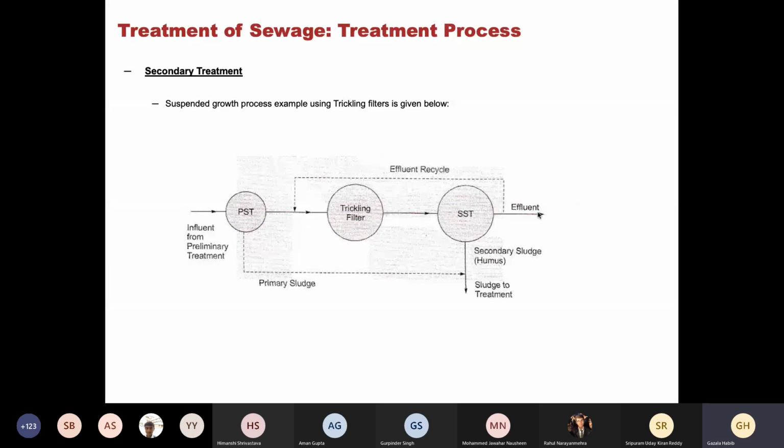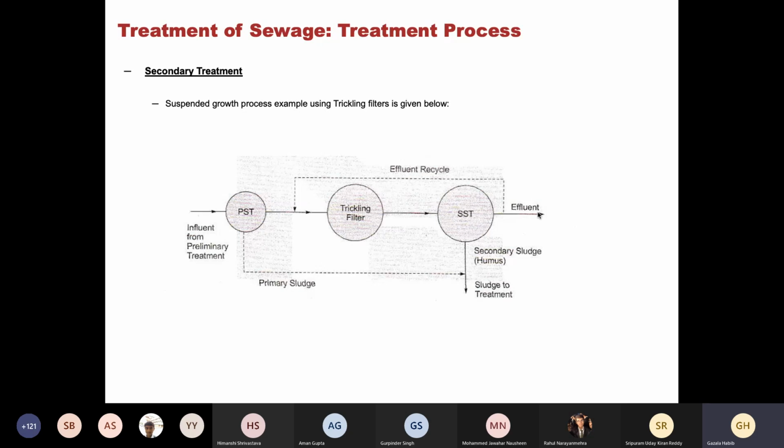So one of the secondary treatments is the attached growth process, which is the trickling filter. It's a kind of filter where the sewage is percolated through the filter media, as we already discussed in water treatment unit processes.